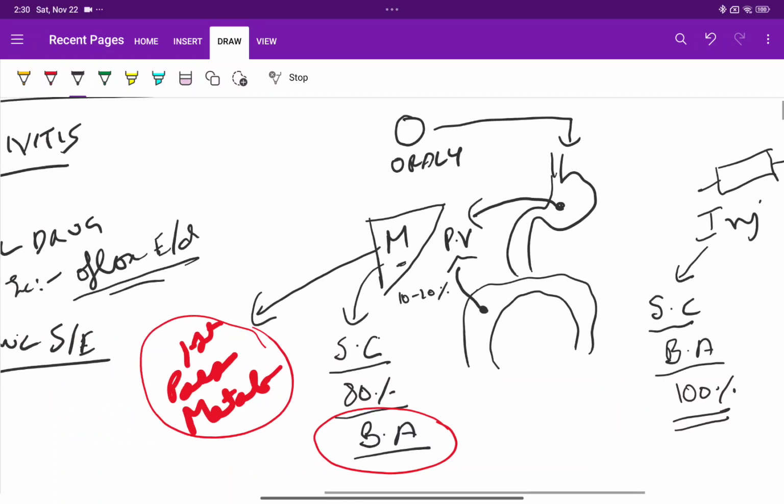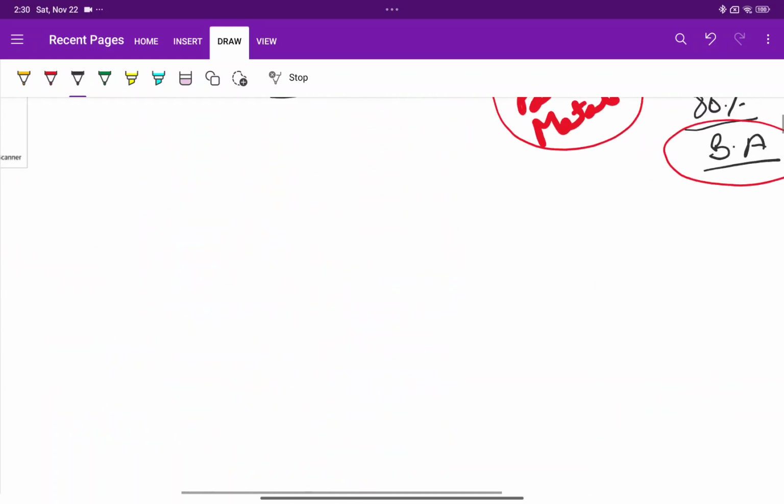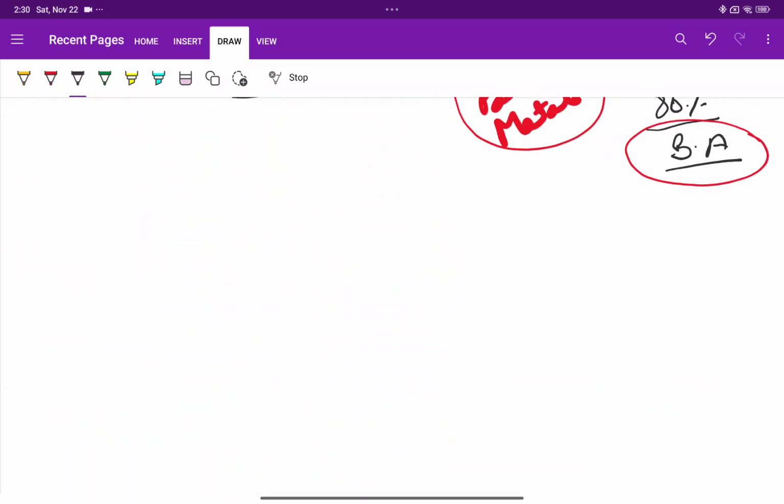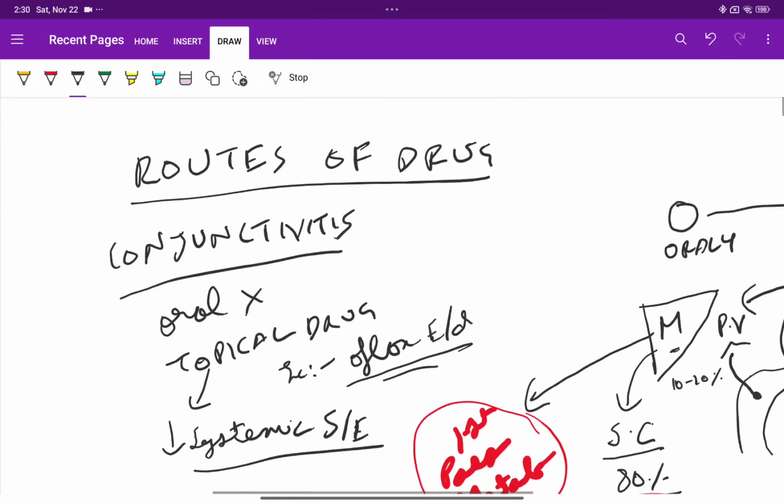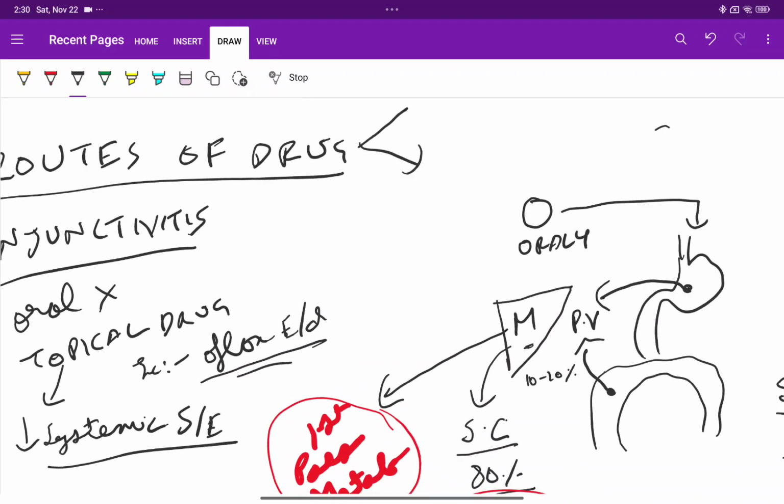Then let us move to the two types of routes of drug administration. One is the local route of drug administration, and the second is the systemic route of drug administration.